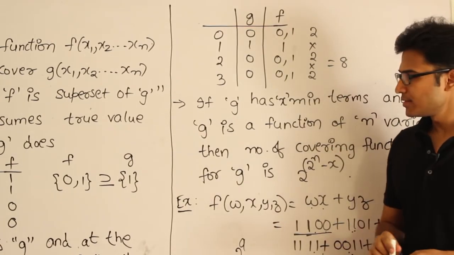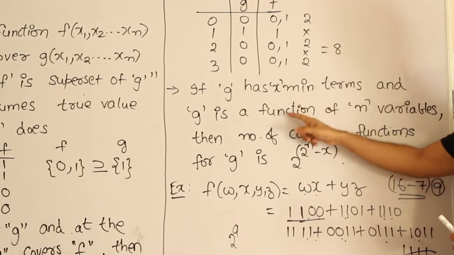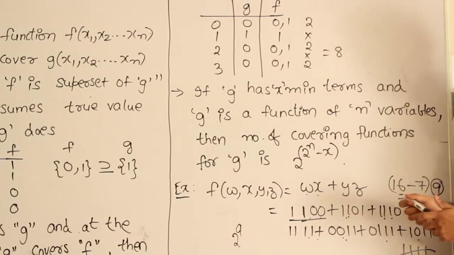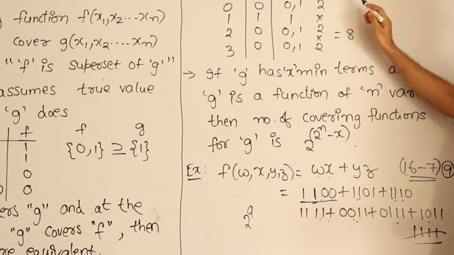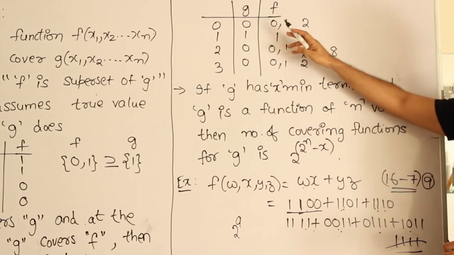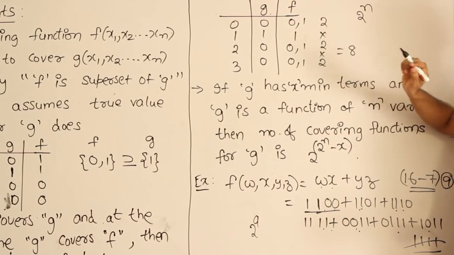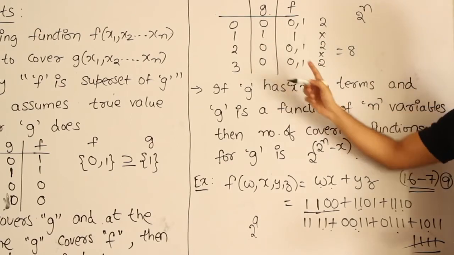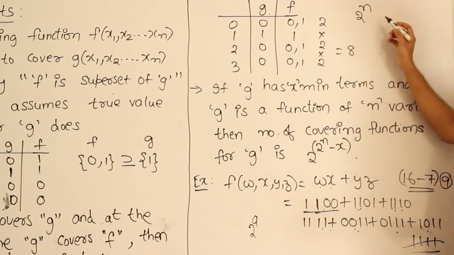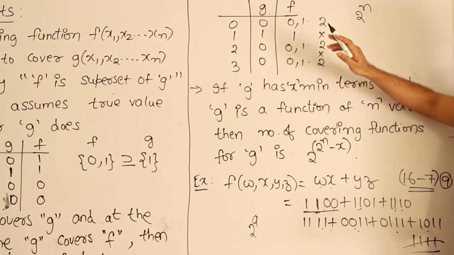Now let's see how to derive it. If g is a function of n variables with x minterms, how many elements will be there in this table? 2 power n elements will be there, and out of these g already has x minterms. How many remaining elements are there for f to choose?